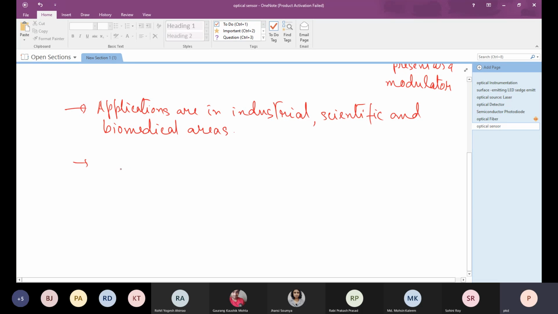So first we will discuss one or two, modulation wise, as I had discussed.